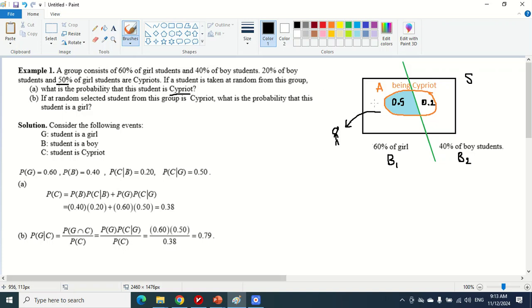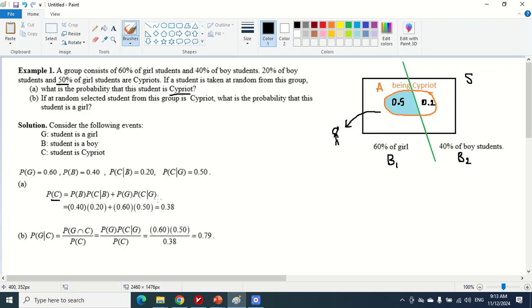I'm looking for the probability of A, which we denoted in the example by C, and to find it we should calculate the total probability: the probability of being a boy times the probability of being Cypriot given that the person is a boy, plus the probability of being a girl times the probability of being Cypriot given that the person is a girl.